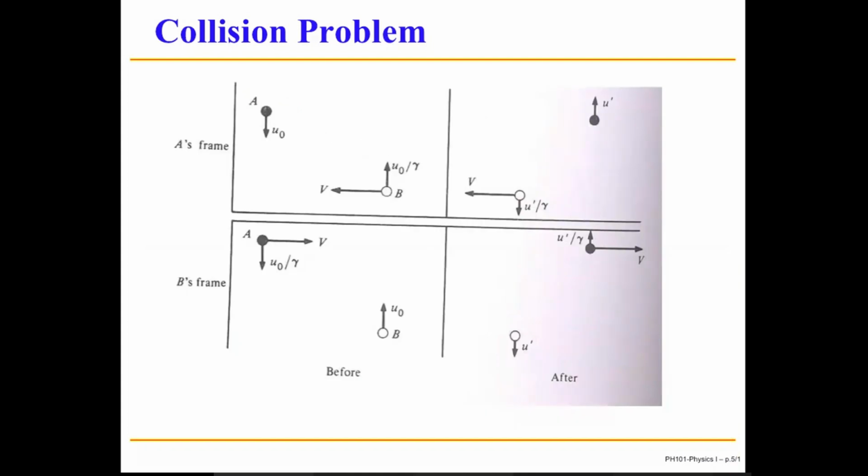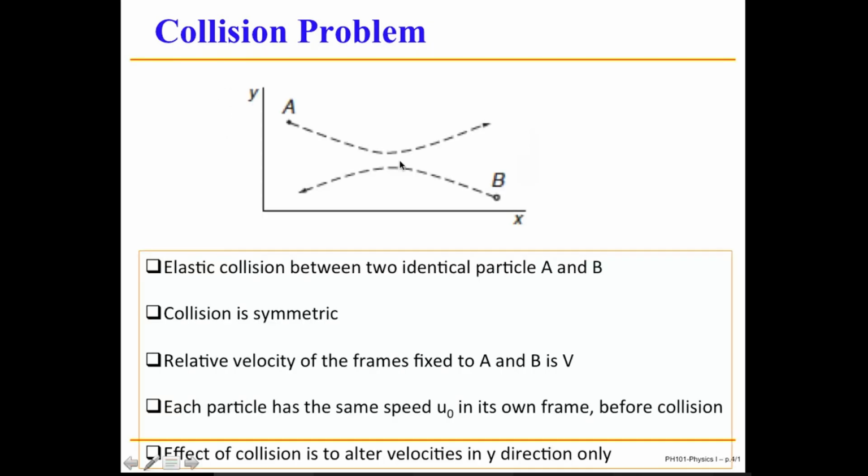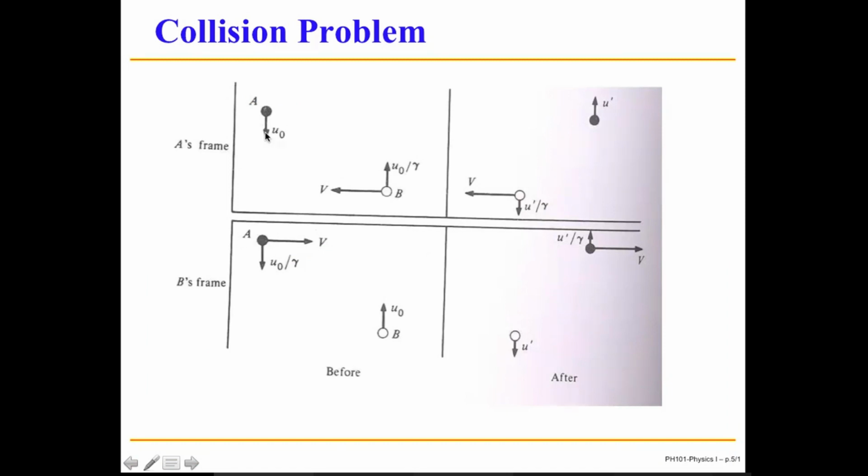Okay, so here's the situation. Try to understand what is happening. We just did this calculation on how the velocities transform. So before the collision, from the point of view of A, the collision was like this. A will think that I am moving along the negative y direction with a velocity u0.